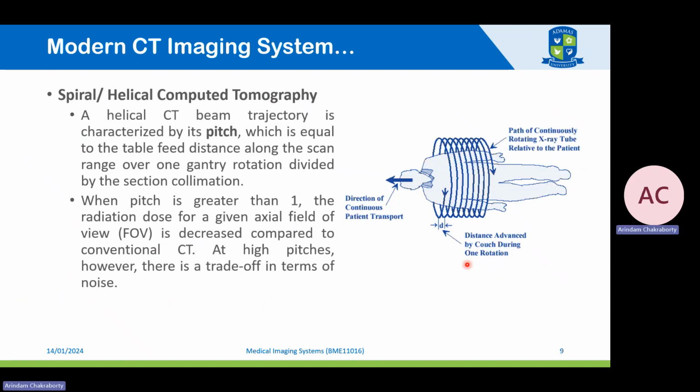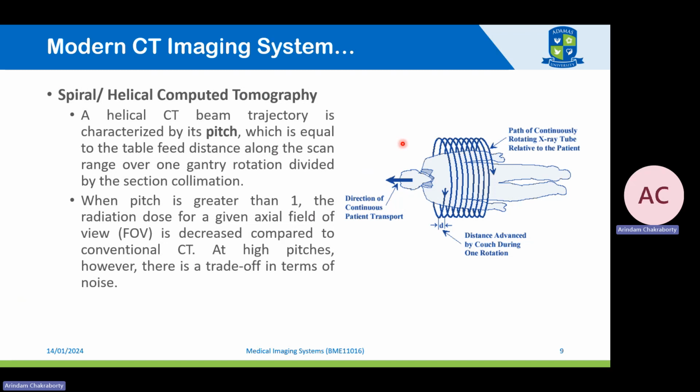As we can see from this image, this is the X-ray source and the detector, and since the patient is continuously moving in this direction, the path essentially rotating across the patient follows a helical pattern. And the important thing when coming to this spiral or helical computed tomography, the beam trajectory characterization, is the pitch.